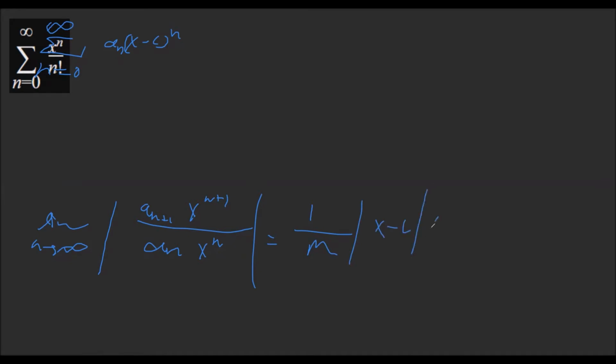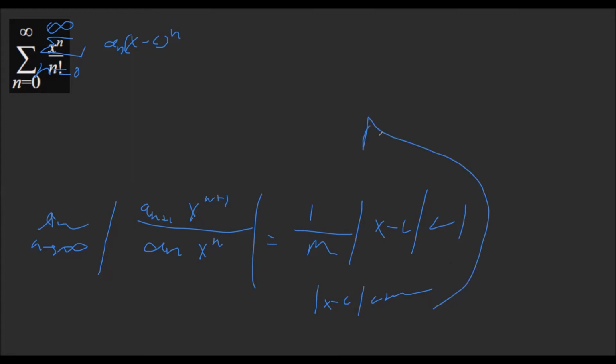Now, we have to set that less than 1 in order to find the interval of convergence, and therefore the radius of convergence. So we're going to multiply both sides by m, at which point we'd end up with the absolute value of x minus c is less than m. Now, the absolute value suggests that we have to consider both cases.